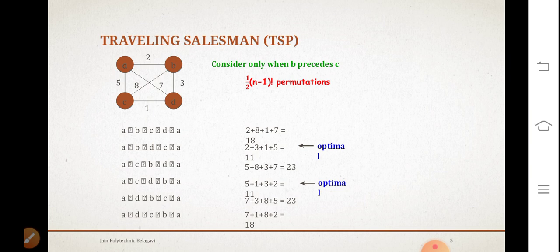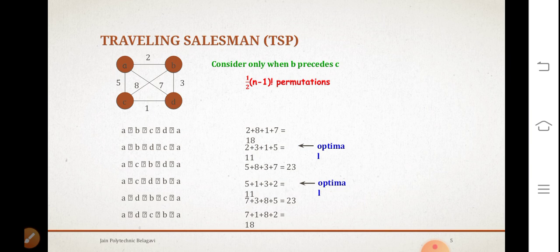A to C, C to D, then D to B, then B to A. And A to D directly, then D to B, B to C, C to A. Then A to D, then D to C, then C to B, then B to A. These are all the possible permutations we can get by seeing this graph.